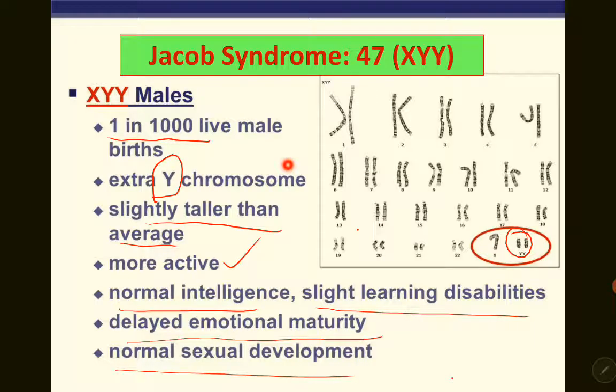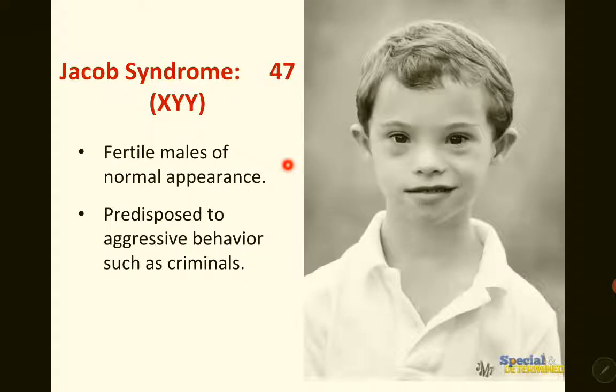Okay, with the extra Y chromosome, he is predisposed to aggressive behavior such as criminal acts. So it is a normal male of normal appearance. Because of the extra Y chromosome, he is extra aggressive as a male. So normally the criminal cases will be committed by this kind of Jacob syndrome patient.